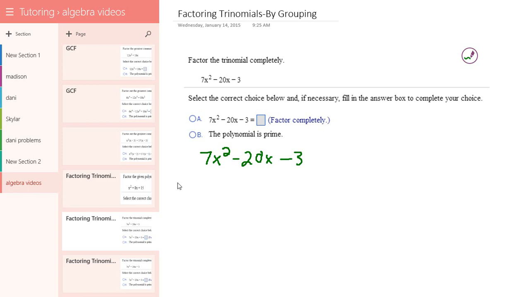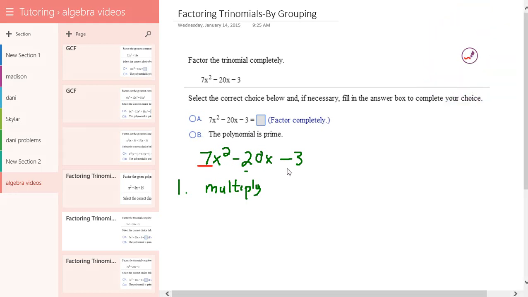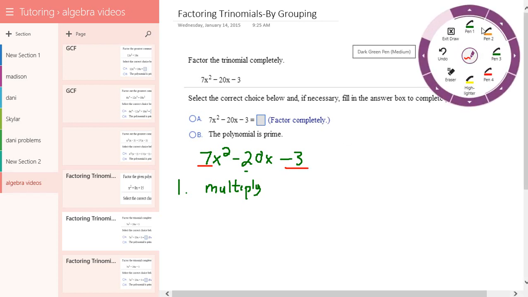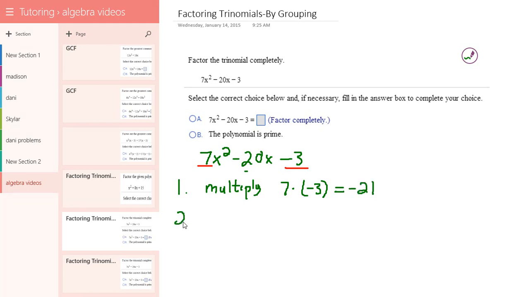The first step is to multiply these two numbers, the 7 and the negative 3. 7 times negative 3 is negative 21.